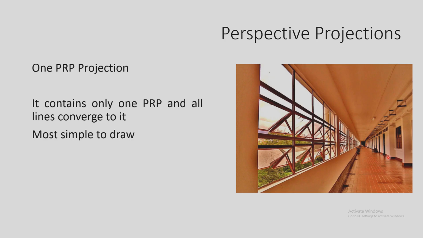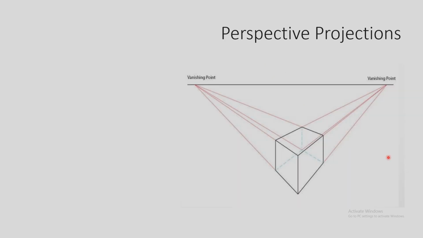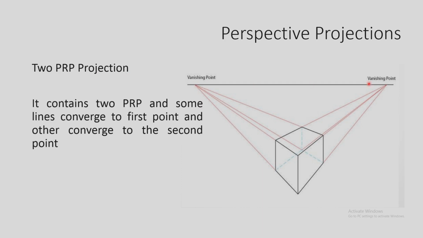This is a live example of one PRP image. We can have a better experience of 3D objects if we have more than one vanishing point. Vanishing point is exactly the same as PRP, another name for projection reference point. So you can have two PRP projection.